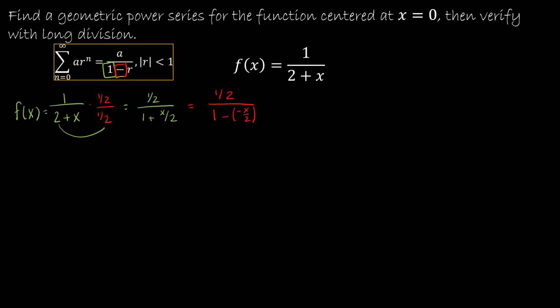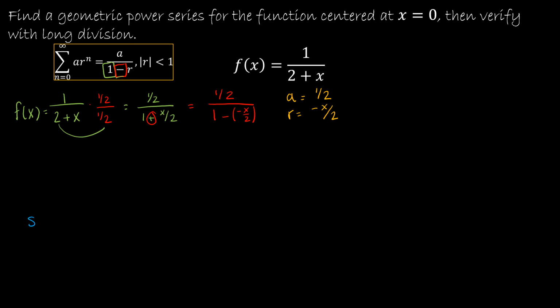Now again, not necessary to do a rewrite because obviously we're all smart enough to understand that if this guy is a plus, it's actually minus a negative. So again, I'm going to then define a as whatever value's in my numerator. In this case, it's 1/2, and r as whatever's being subtracted from 1 in the denominator, which is -x over 2. Now from here, I just want to write it as the power series.